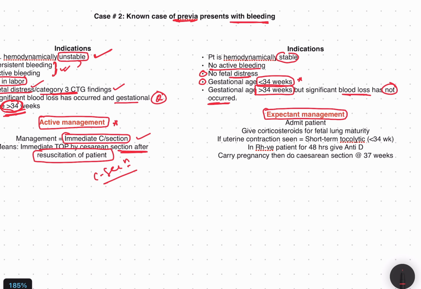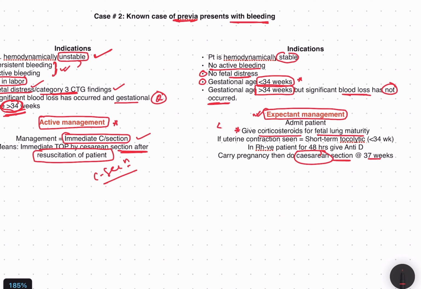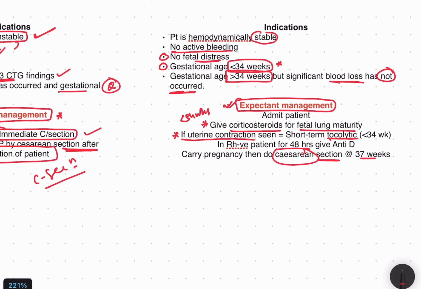If there is no significant blood loss or no distress, here we do expectant management, which is McAfee and Johnson's regime, where we give corticosteroids for fetal lung maturity if the baby is less than 34 weeks. Also, to inhibit premature uterine contractions, we can give short-term tocolytics, again in less than 34 weeks.